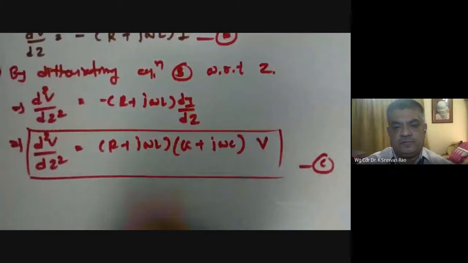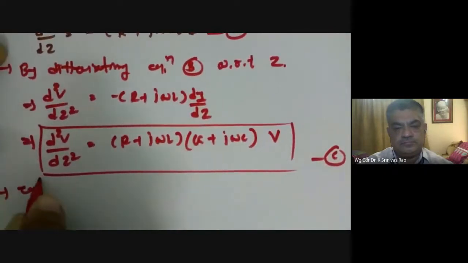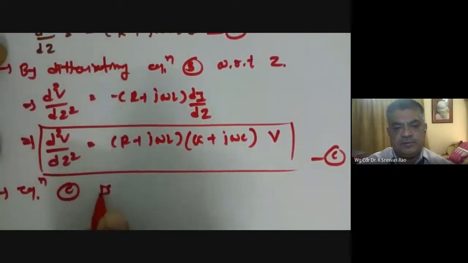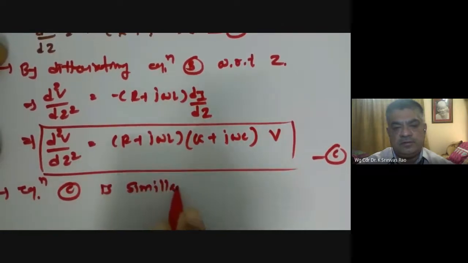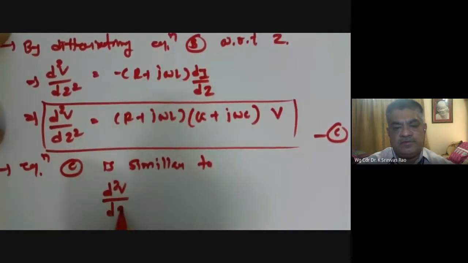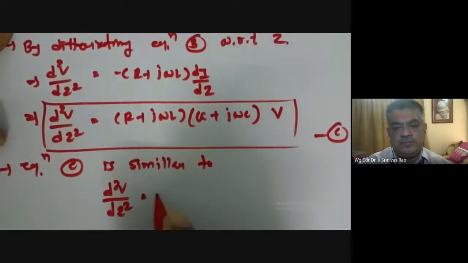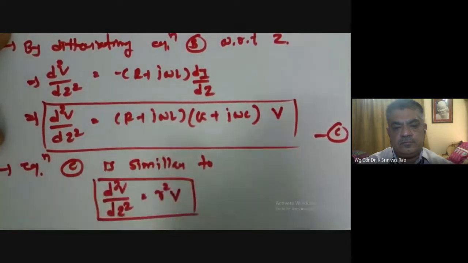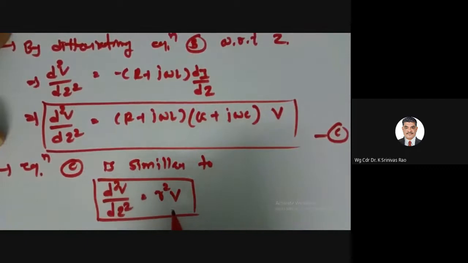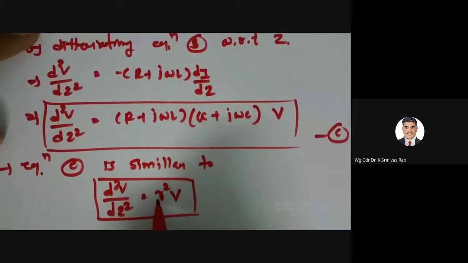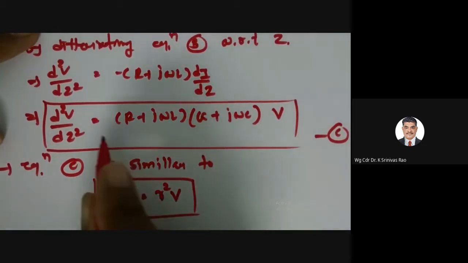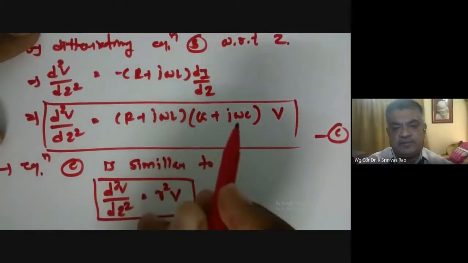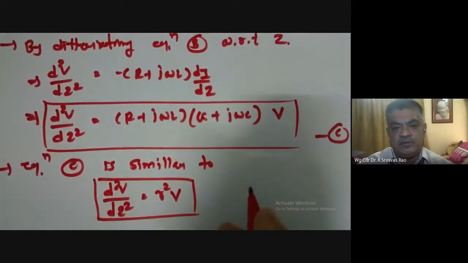So therefore equation C is similar to del square v by del z square is equal to gamma square v, where gamma is the propagation constant. Now this is the second order differential equation. When we compare with gamma, we get gamma square is equal to r plus j omega l into g plus j omega c.